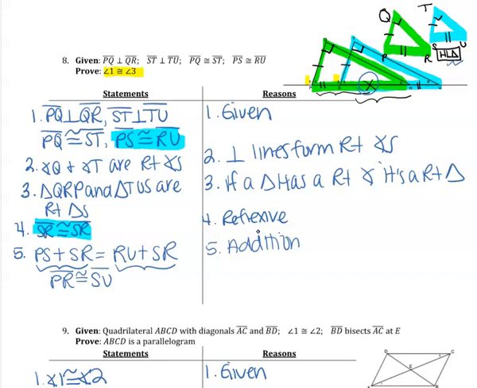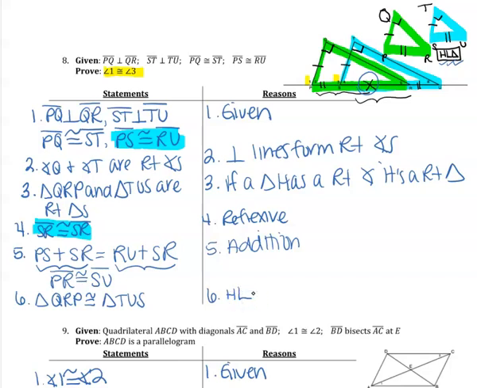Okay, so now that I know that those segments are congruent, that gave me the hypotenuse I was looking for, so now I can state that my triangles are congruent by HL. Triangle QRP congruent to triangle TUS by HL.